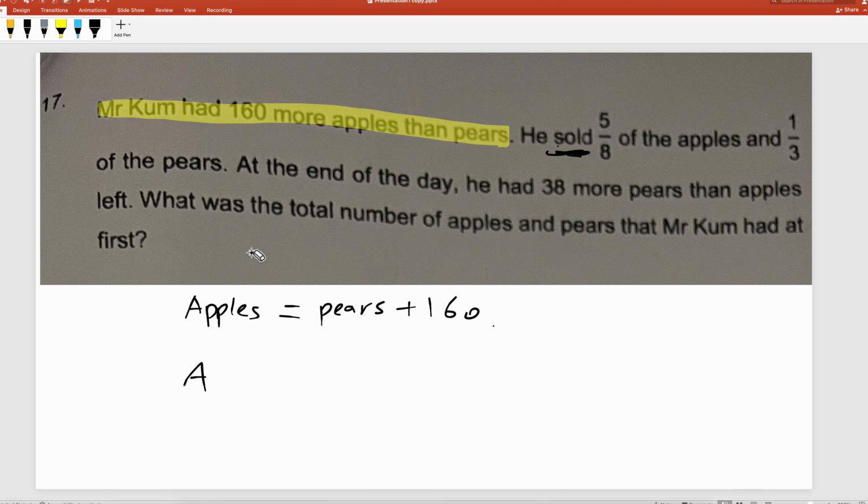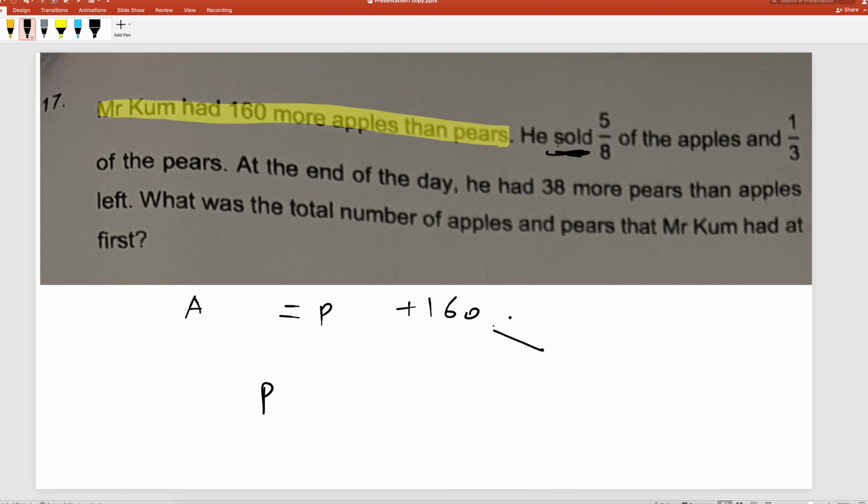Let me use short form, 简写: A equals P plus 160. A represents apple, P represents pears. So now I'm going to start the branch.